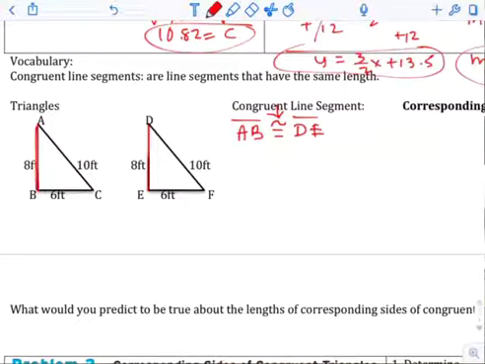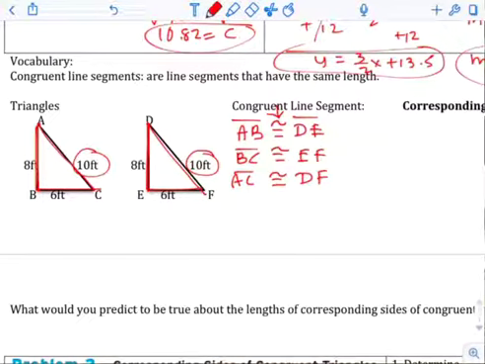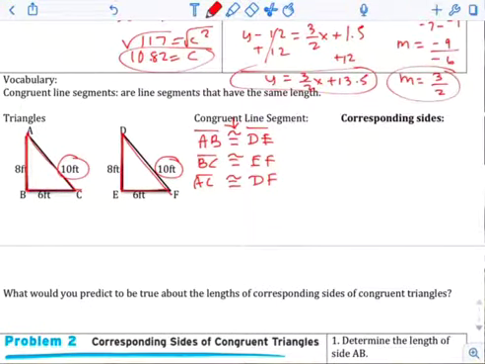These are lines. Okay, and line BC is congruent to EF. Okay, and AC is 10, BF is also 10. AC is congruent to DF. Corresponding sides, AB corresponds to DE.